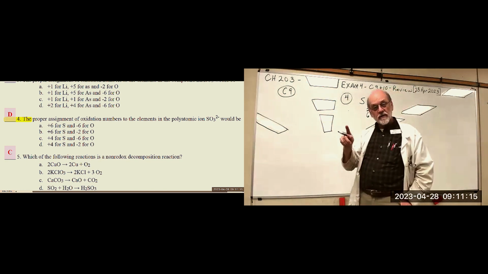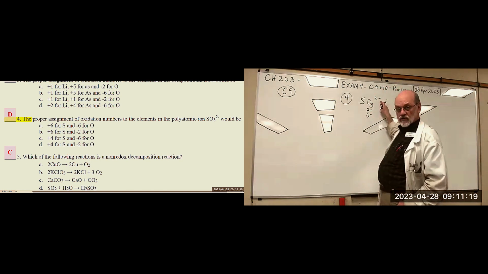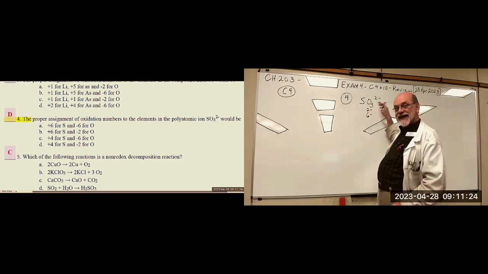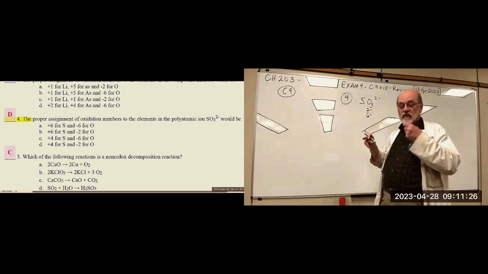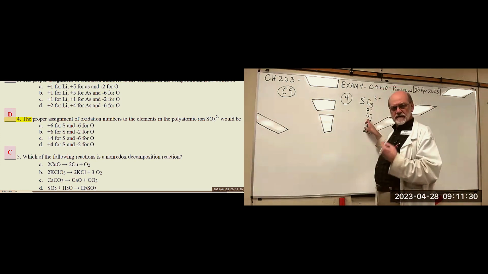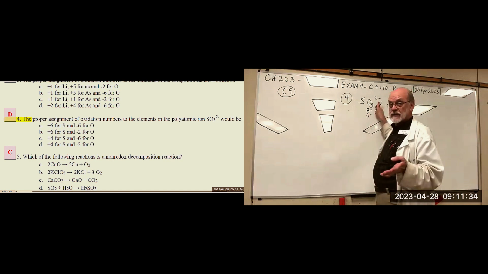Right? So if we got 3 of them, that means we have a total of 6- oxidation states. But we also know that when we add them all up, they have to be equal to that charge. If there is a charge, the oxidation states must add up to that charge. So the way I do this is I say, okay, I need to balance 6 minuses, except two of them don't need to be balanced.